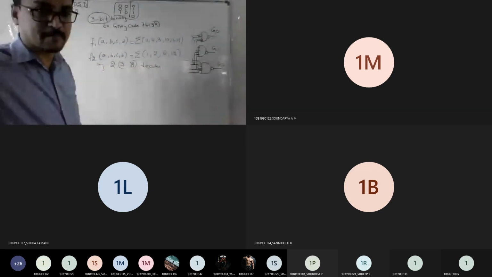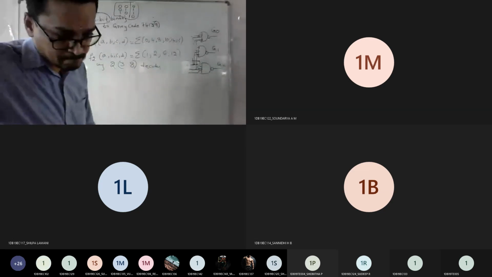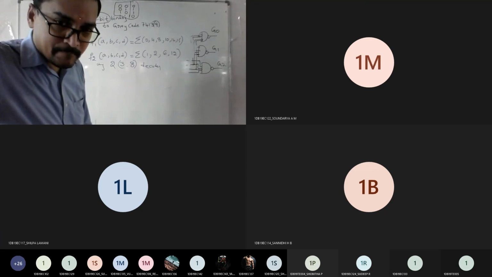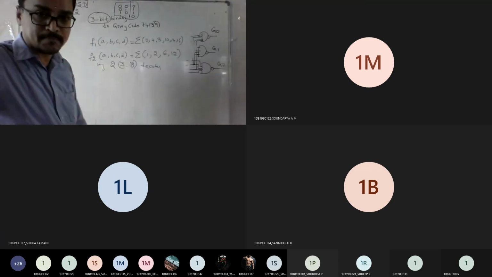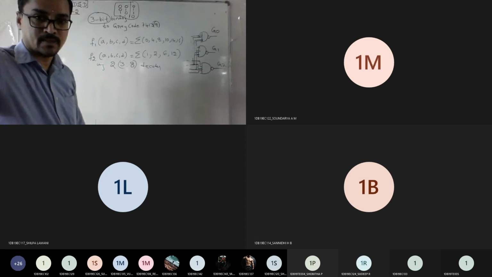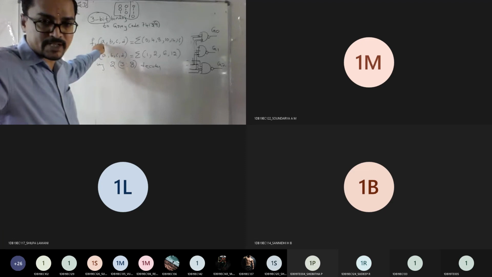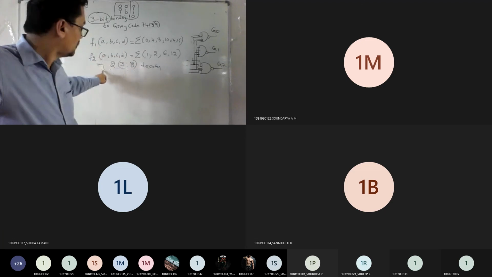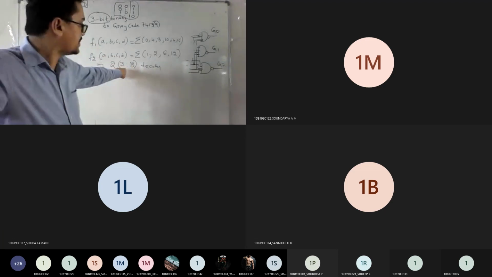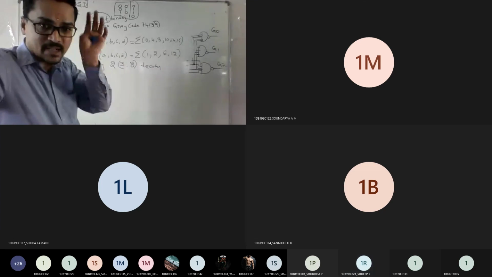What is the meaning of this? So this is your last type of problem. They have asked you to implement the multiple functions F1 and F2 using 2 3:8 decoders. What is the meaning of this?